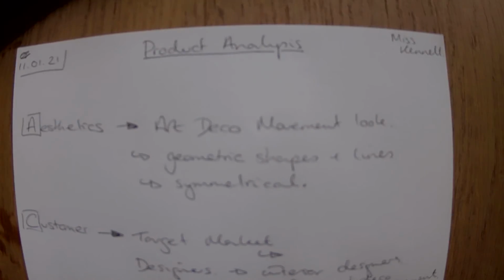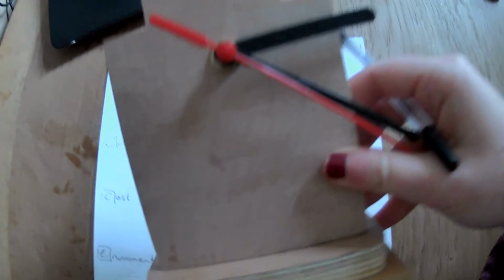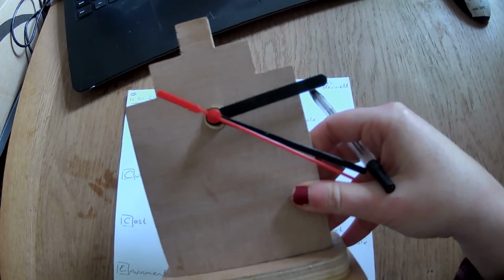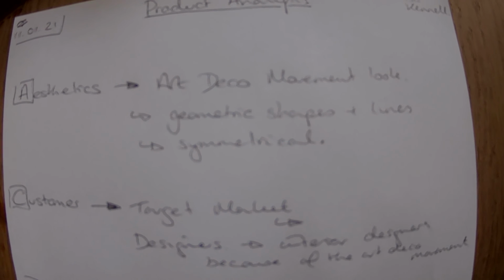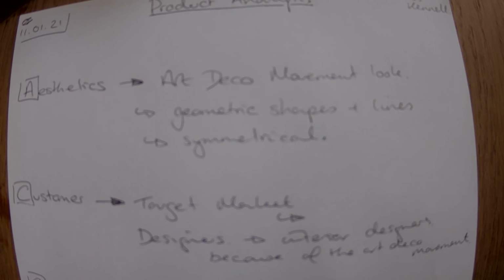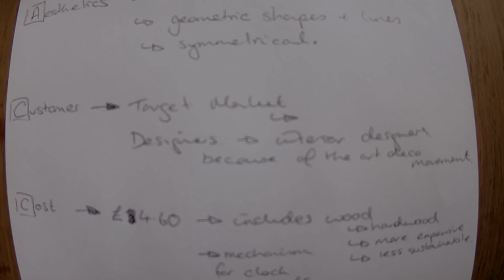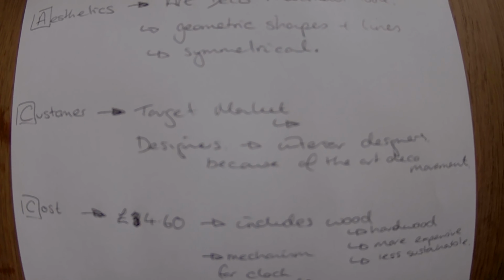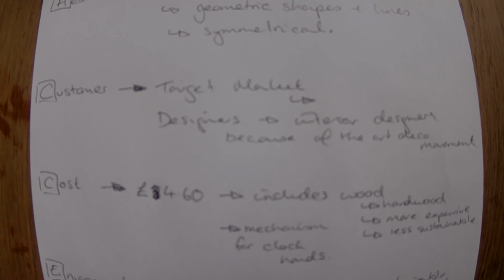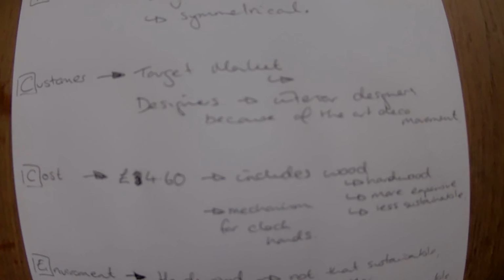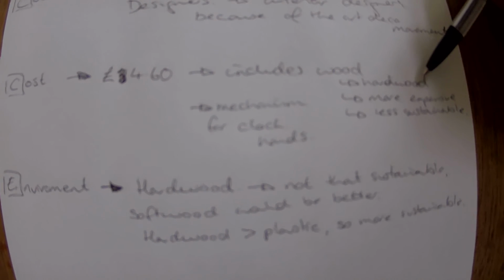So product analysis, my bullet points include this clock, right? So that clock is symmetrical. It includes regular geometric shapes and lines, so therefore follows the Art Deco movement. Target market, I'm going to say that its target market were interior designers because of its Art Deco movement, its symmetry, and its simplicity at the same time. Cost, again, you're welcome to use this all to yourself, or you can tweak it slightly.